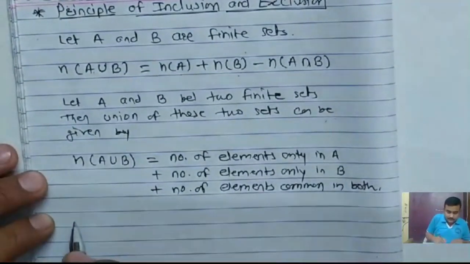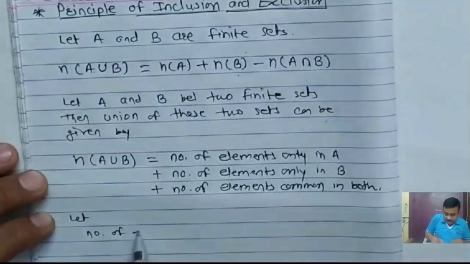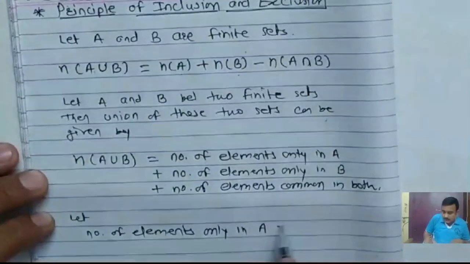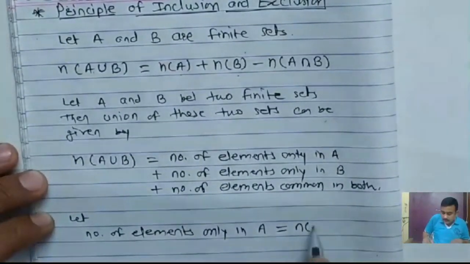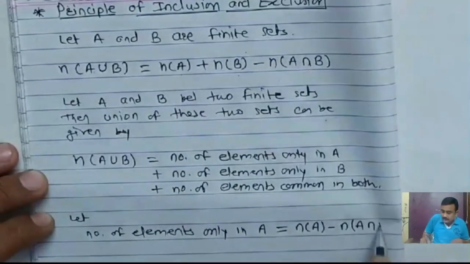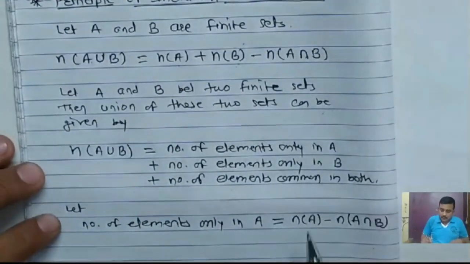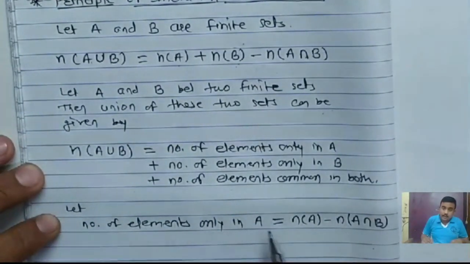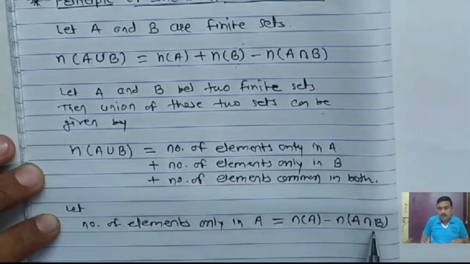The number of elements only in A equals the number of elements in A minus the number of elements in A intersection B. That is, the elements which are common in both sets are subtracted.